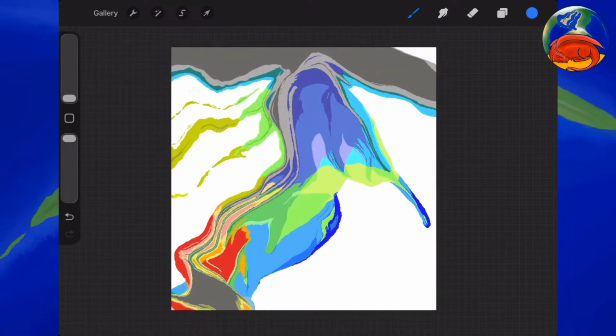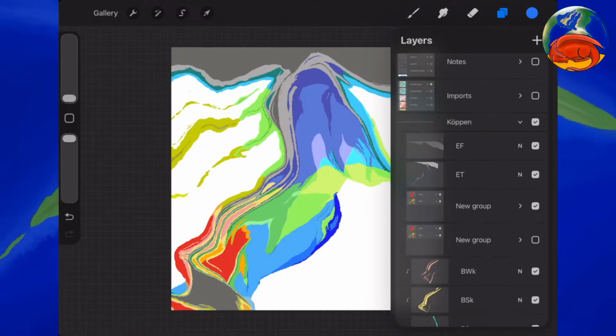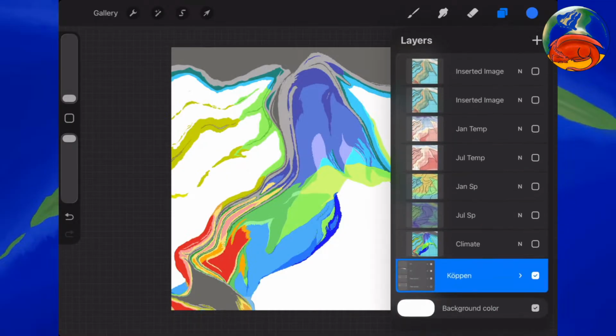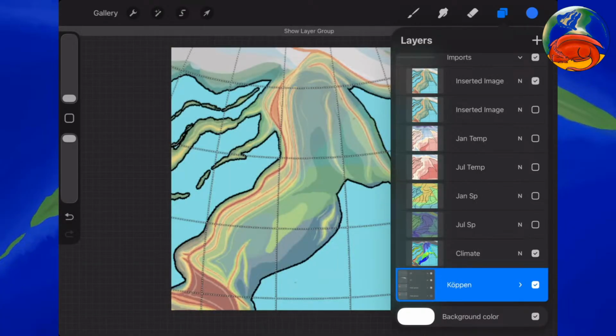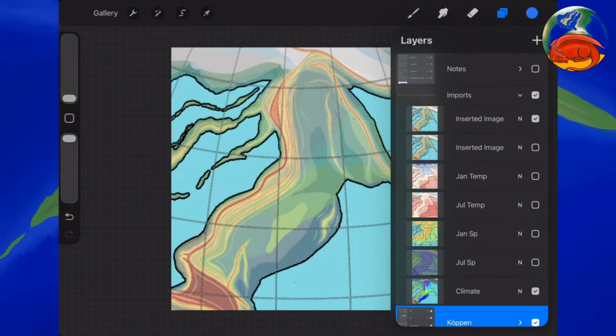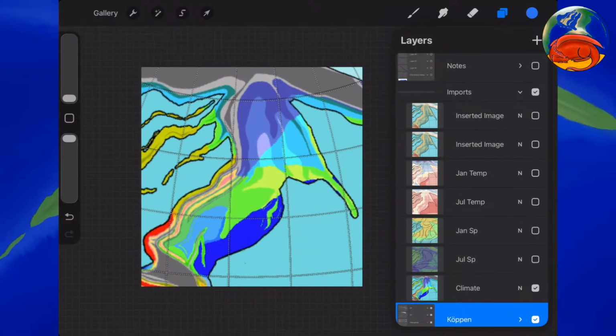But let's see what it looked like before. We can compare. So I definitely threw in a lot of AF. So let's look at this. There we go. All right.